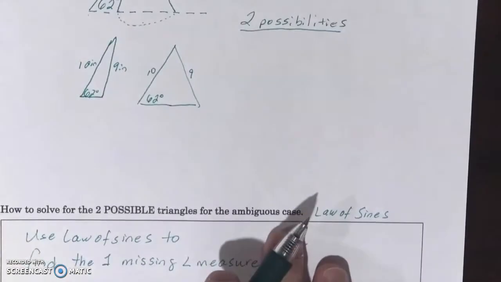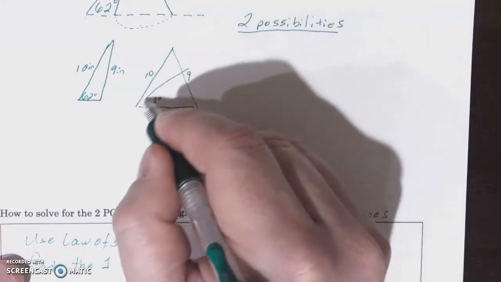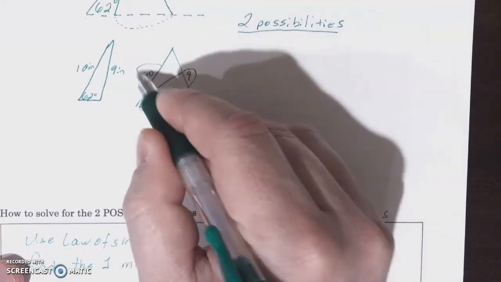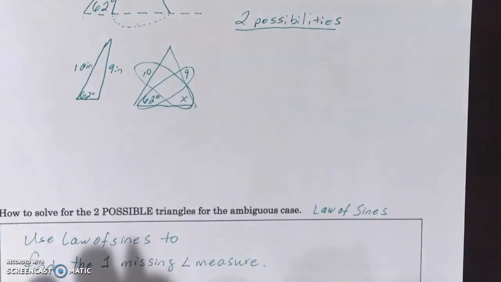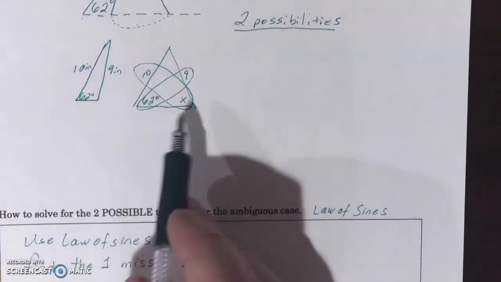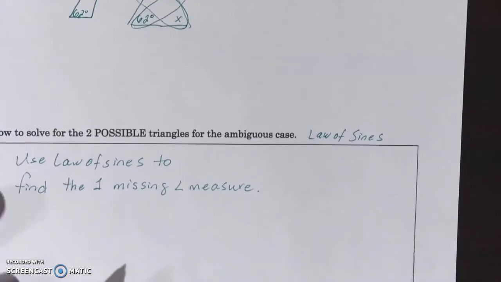If we have a side-side-angle case, we would use these two, and then we would use these two to find that angle. That's where we would have to start with law of sines. There's nothing else that we could solve for first there. So we're talking about that one missing measure. It's that one that we actually could solve for first.